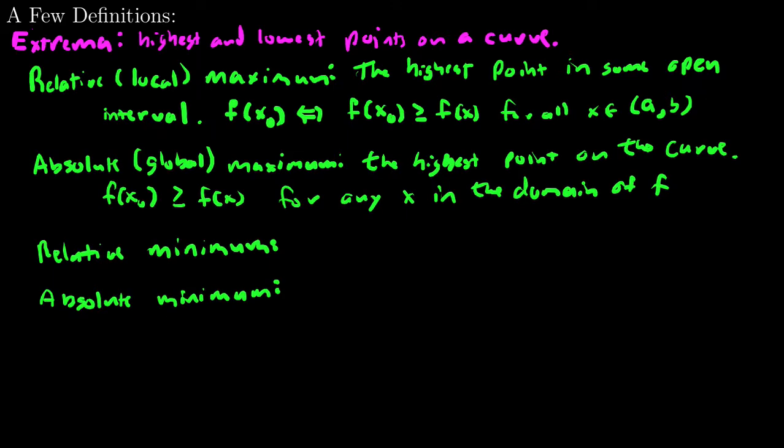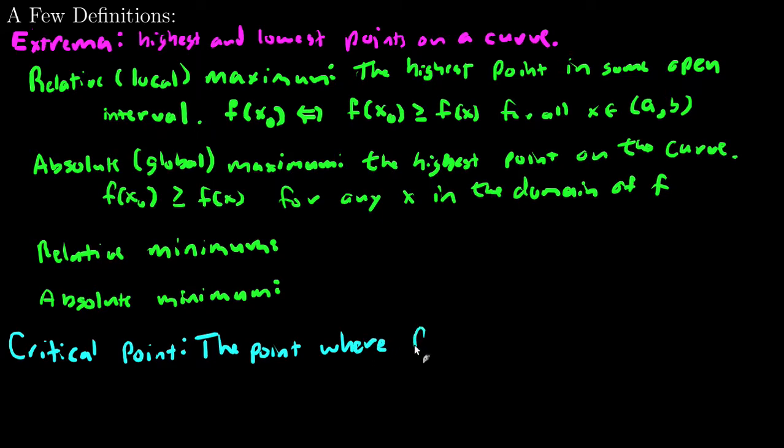Okay, one other term is this, critical point. And a critical point is just the point where the derivative is equal to 0, or where the derivative is undefined.